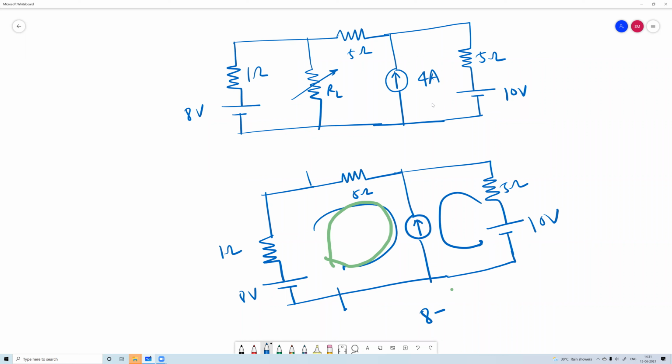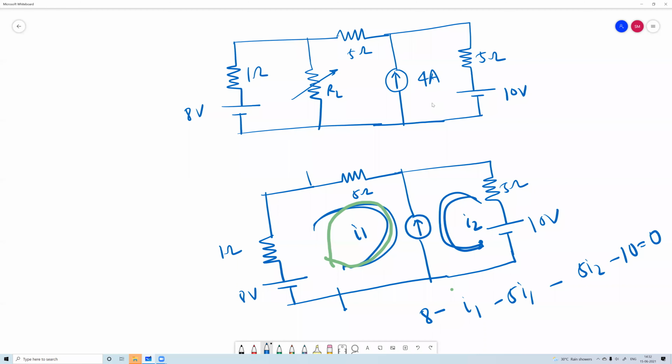8 minus I1 minus 5I1 minus 5I2 minus 10 equals 0. Is it okay? This current is I1, this current is I1, this current is I2.